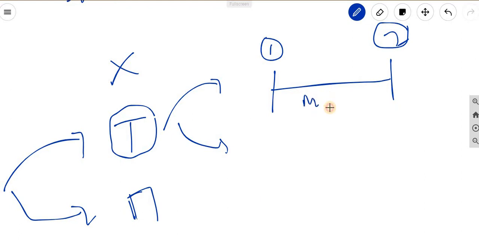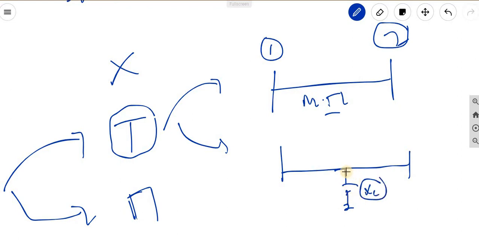Suppose this is a medium transmission line. Suppose you are modeling it in a T configuration. So what would be the model? In that model we will get one element, like a capacitive element.